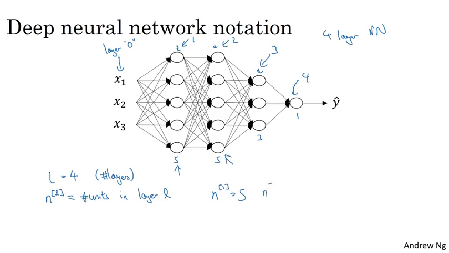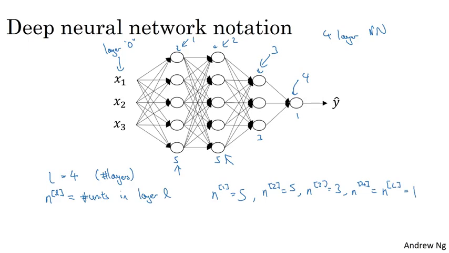For this one, n[2], the number of units in the second hidden layer, is also equal to 5. n[3] is equal to 3, and n[4], which is n[L], the number of output units, is equal to 1, because here capital L is equal to 4.